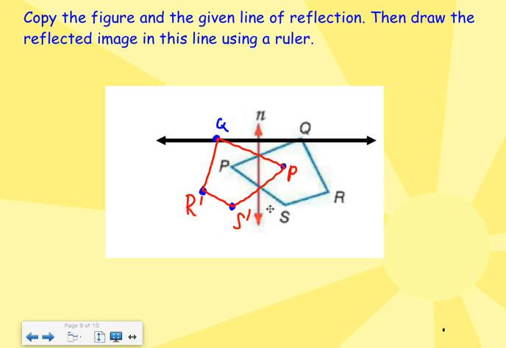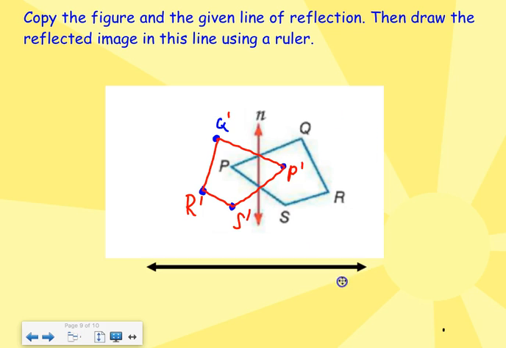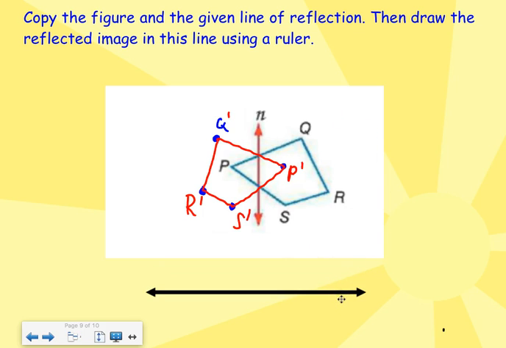Why do you have to draw that top axis? That's my ruler, because I don't have a straight edge on here, so that was what I was using as my ruler.